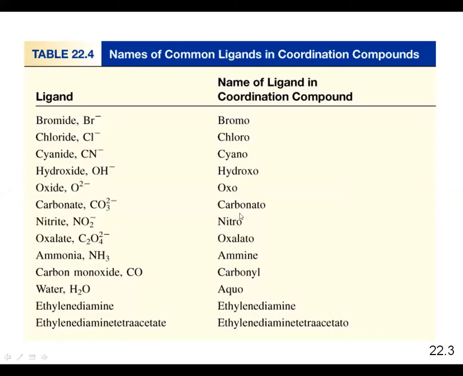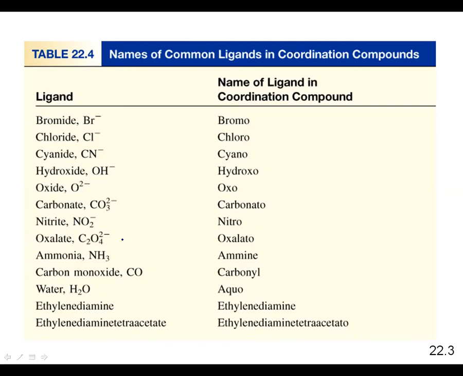Here's another table you can use for reference, of some of our other ligands that you commonly come across. Here we have things like bromo or chloro. Some of my other favorites here are carbonato over here, or maybe I want an oxalato.